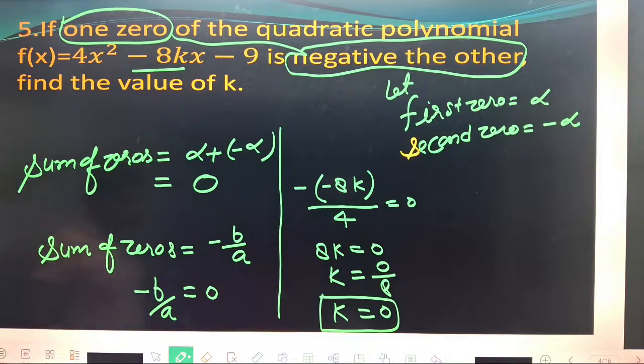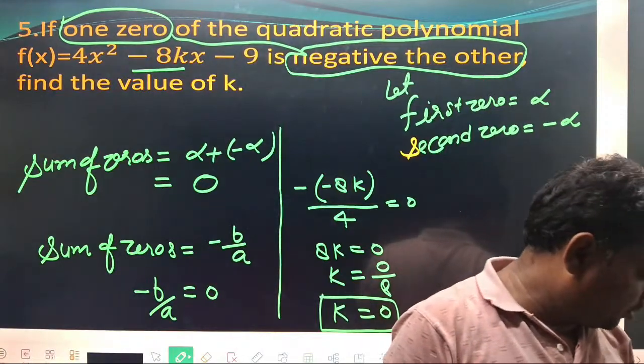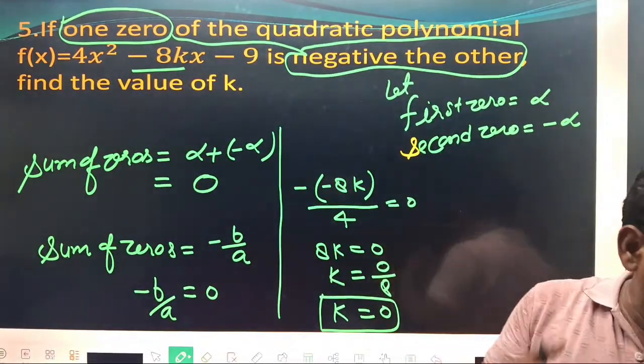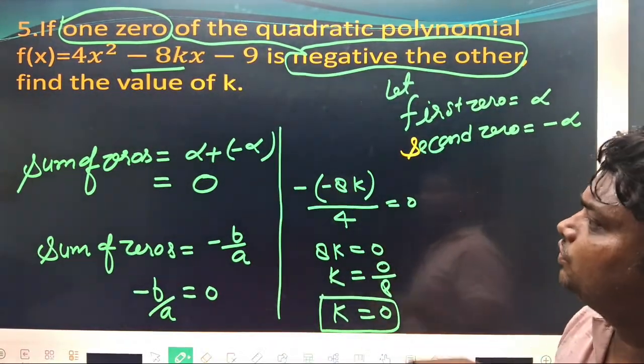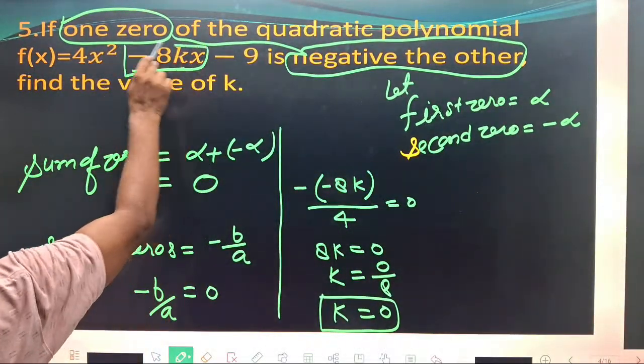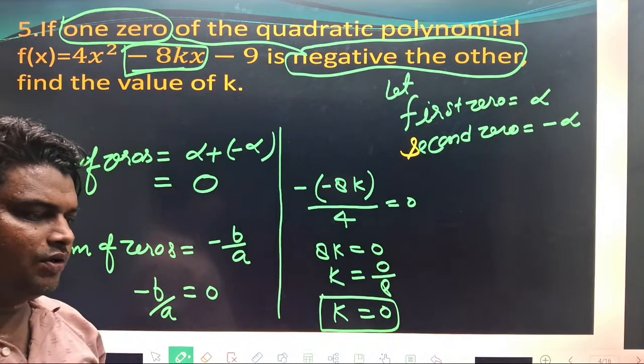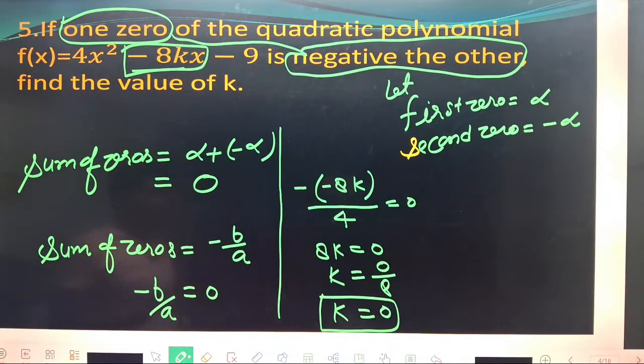Okay, remember the concept here. If the sum of zeros is equal to 0, the linear term is equal to 0. If one zero is the negative of the other, that is the main concept for objective questions.